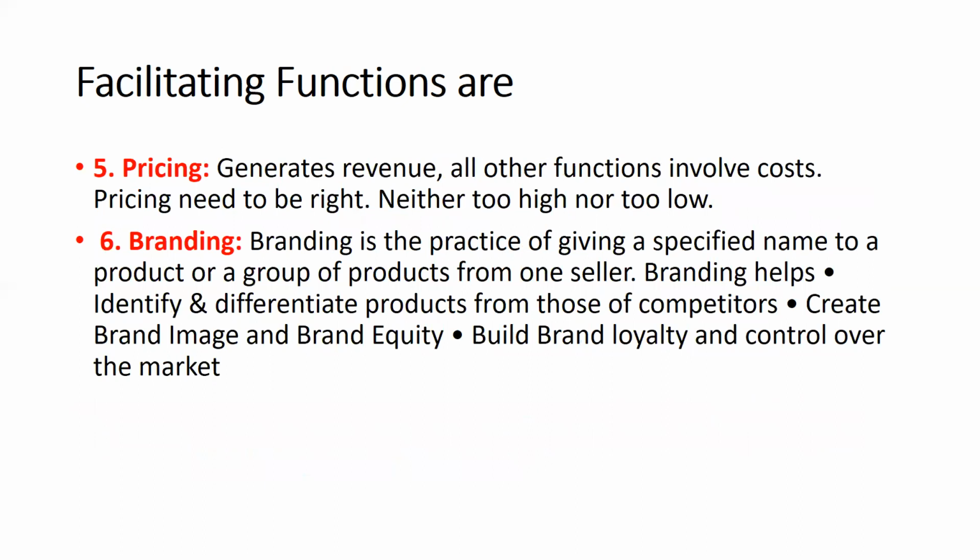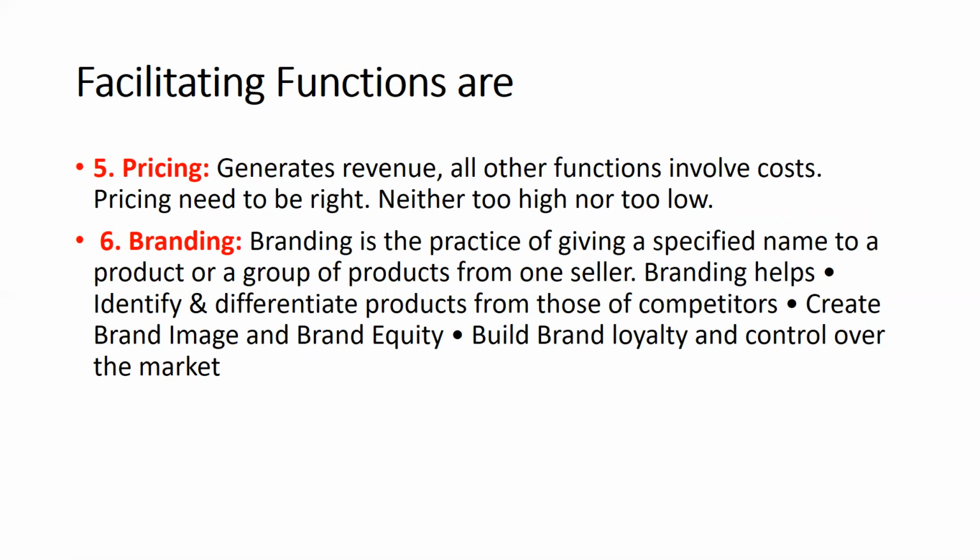Let's move on to know about pricing. Pricing generates revenue. All other functions involve expenses or costs. Pricing needs to be right. It should be neither too high nor too low. So therefore, there are several pricing methods and techniques. The most suitable one has to be adopted. The sixth facilitating function is branding.